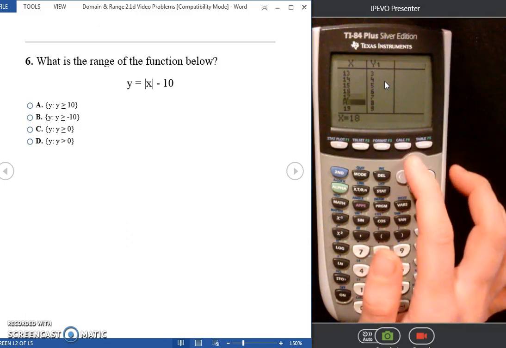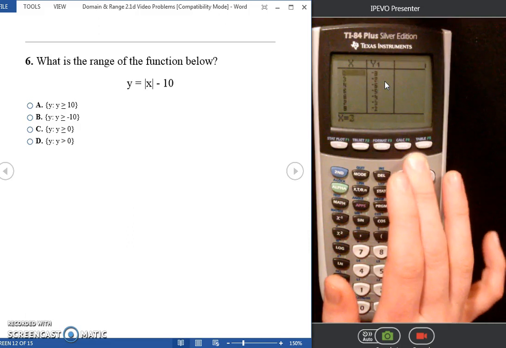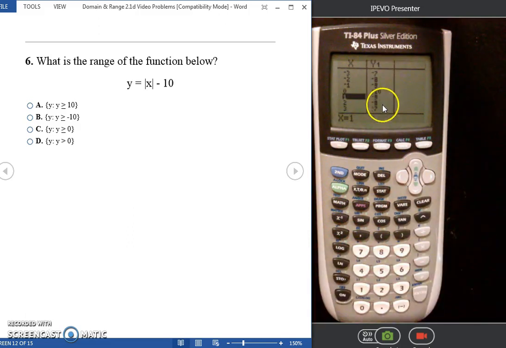So there's never any numbers that are smaller than negative 10. There's no negative 11, negative 20, nothing smaller than negative 10. So that means that my range, looking at the numbers in my y column for the range, is going to be negative 10 and numbers bigger than negative 10. So that means my final answer is going to be greater than or equal to negative 10, which is choice B.